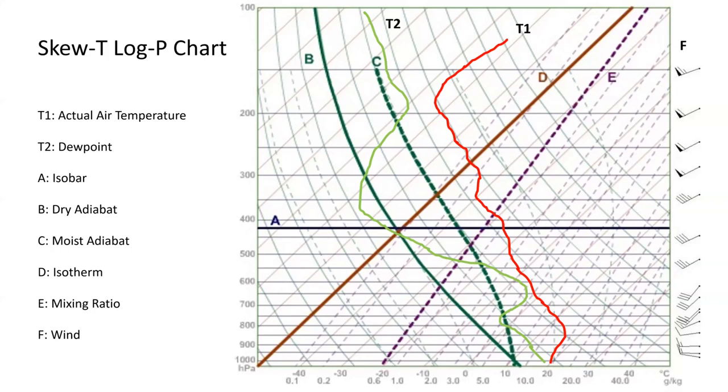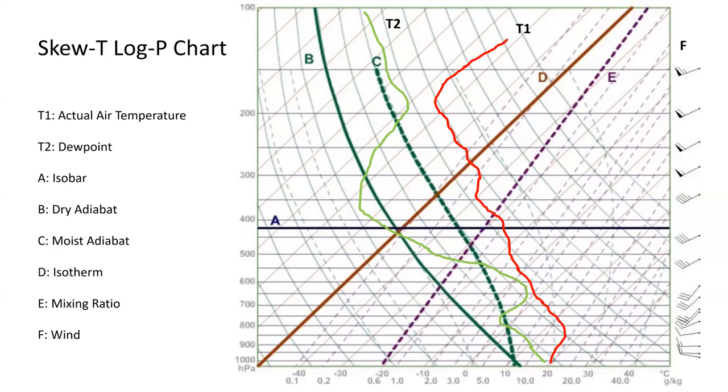Ignore the isotherm, the isobar, and these purple, dotted green, and full green lines, because they're just highlighting the trend lines for what is on every skew-t chart. It's the lapse rate for the day, the temperature of the air with height, and the dew point for the day. That's the data we're looking at, the data that changes from day to day, and from hour to hour as well.